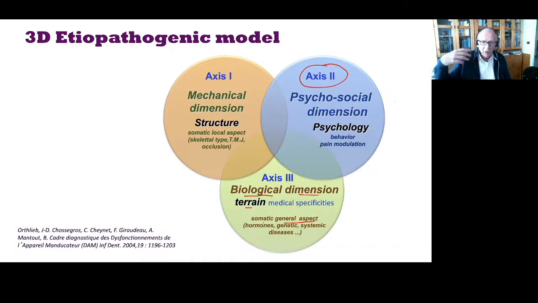For example, hyperlaxity. So we have a 3D etiologic model, and we must understand our patient following the three dimensions, not only the psychology, not only the mechanics, but the mechanics, the psychology, and the biology together to have a good understanding of our patient.